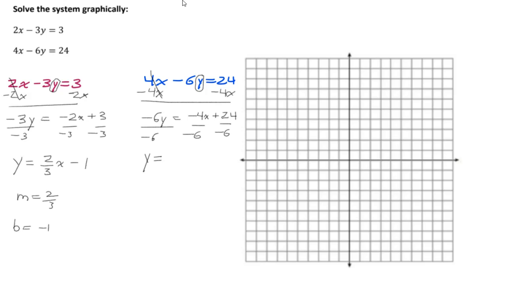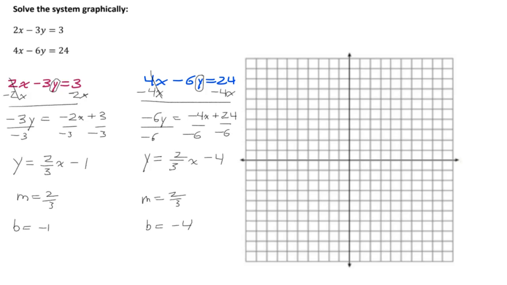Again, putting this in alpha y equals, it will stay in fraction form if it ends up being a fraction. If it does not become a fraction, then it will just tell you what whole number it is, like 24 divided by negative 6 will be negative 4. How nice is that? Notice my slope is 2/3, my y-intercept is negative 4.